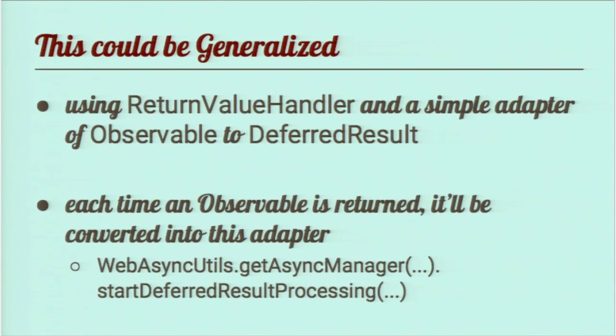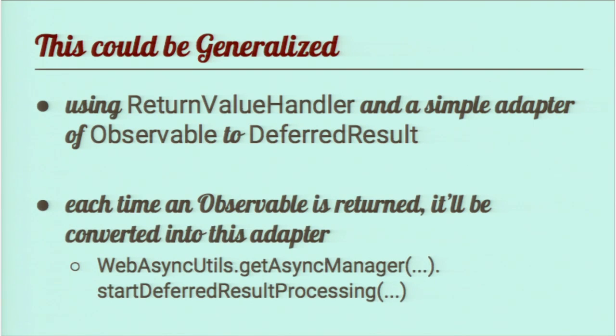If you want to go even further, this behavior can be generalized, at least in Spring 4.x, because in Spring 5, things will be reactive, supported from the get-go, which will be interesting. But in the meantime, with Spring 4.1, 4.2, you can use a return value handler, a little simple adapter that will adapt observables to DeferredResults.